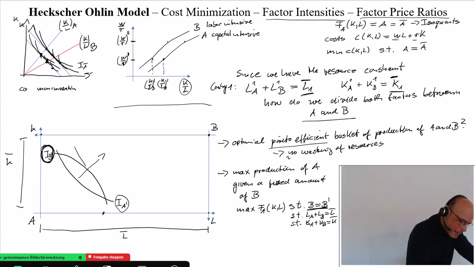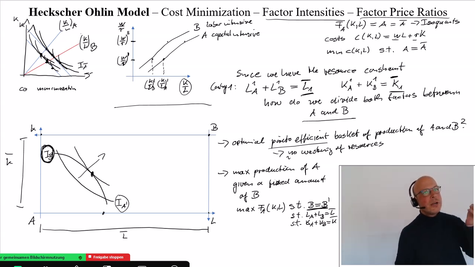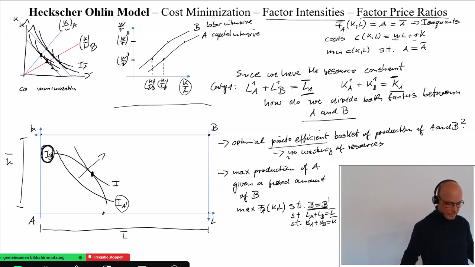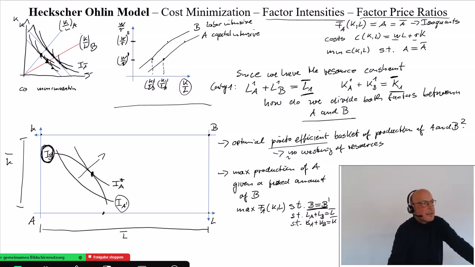So in this case, given B prime, our optimal isoquant for A would be again just tangent to the isoquant of B prime, just having this situation.